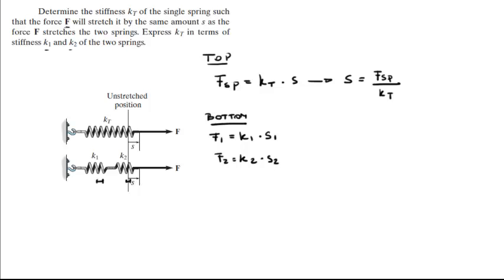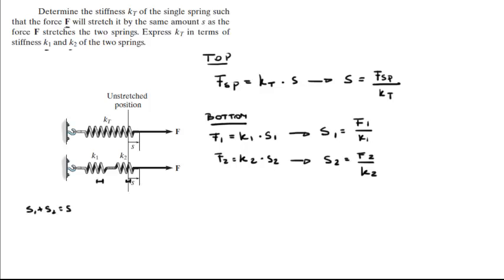Now you know that S1 plus S2 is equal to S because they're both being stretched by the same amount. So with these two formulas, we're going to solve for S1 and S2. You get that S1 is equal to F1 over K1, and S2 is equal to F2 over K2.